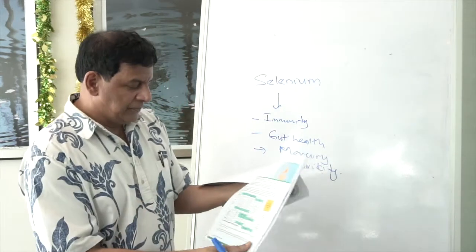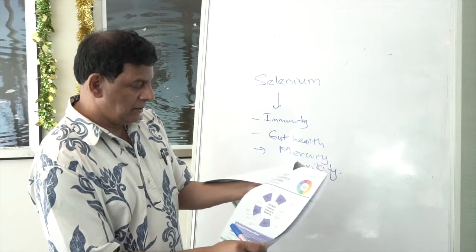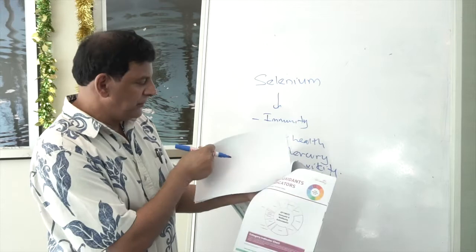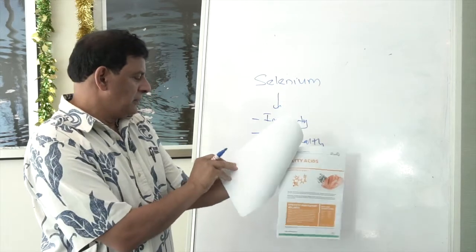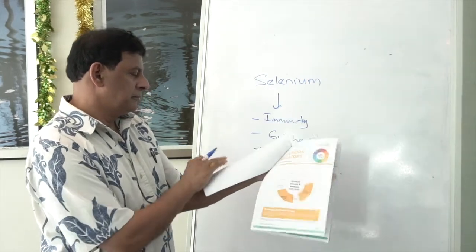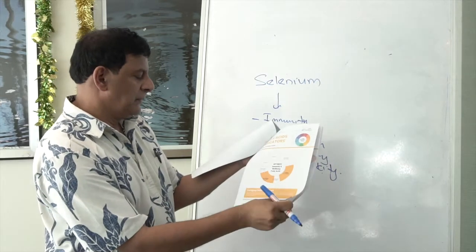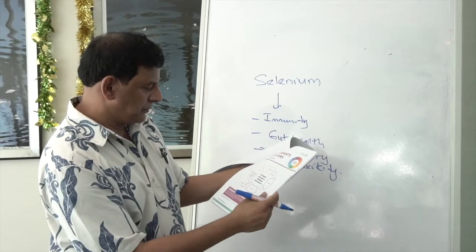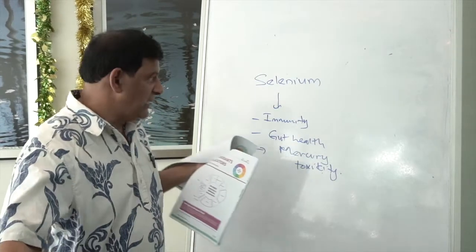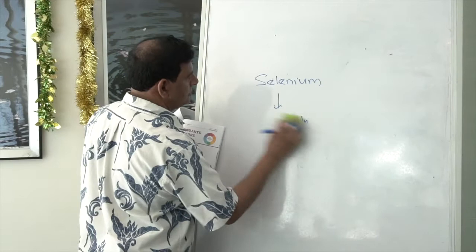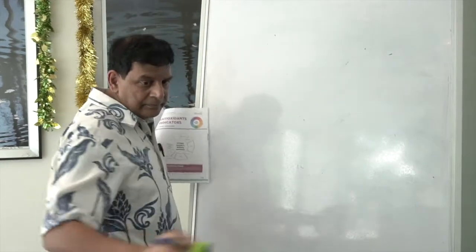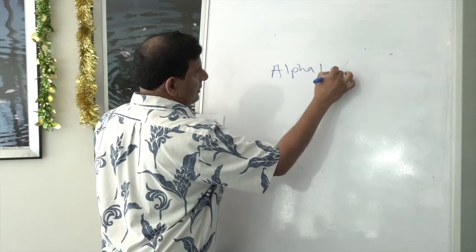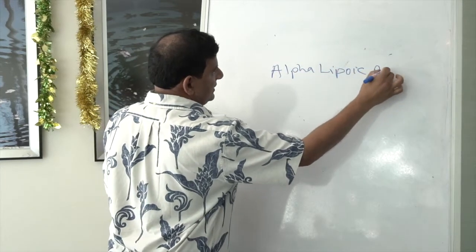Okay, so the other common deficiency I find in the antioxidant page is alpha lipoic acid.